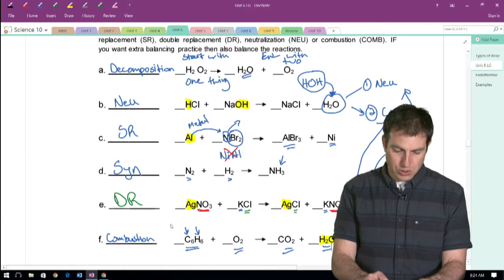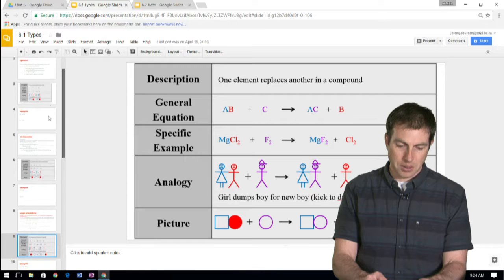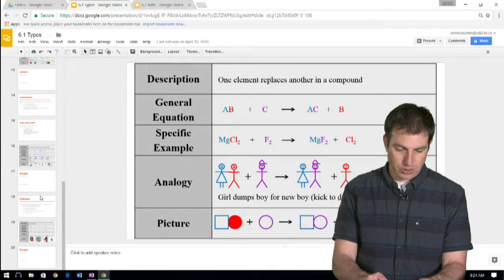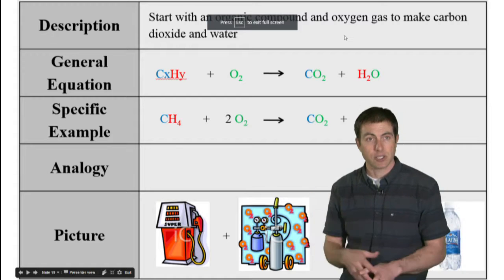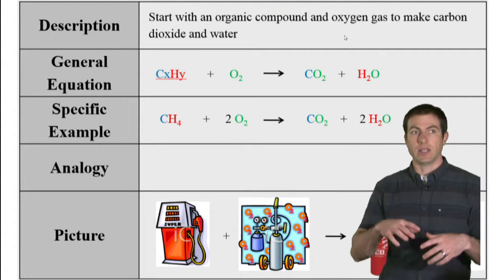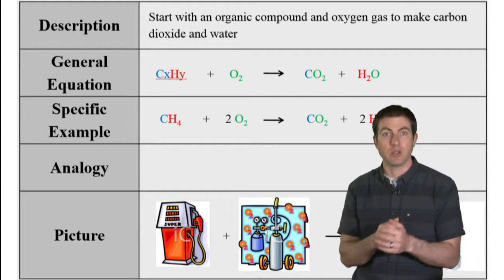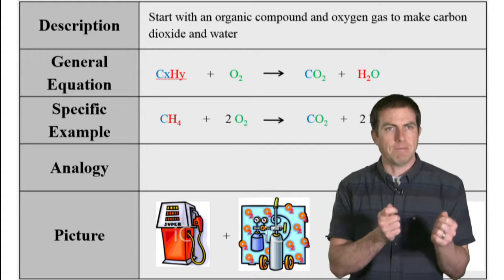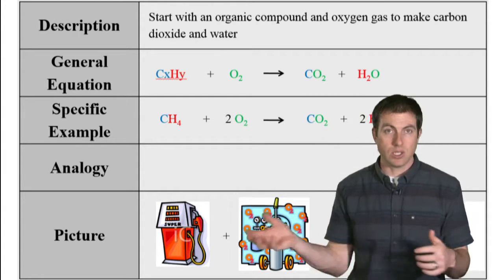So how do you know, Mr. Borden? Well, I know because I've seen it 100,000 times. How would you know, Costin? That's a great question. Notice when we looked at the general form last day for the combustion type reactions, not a specific example, but the general equation, normally it'd be like A and B and C and D. The general equation for combustion has CO2 and H2O.